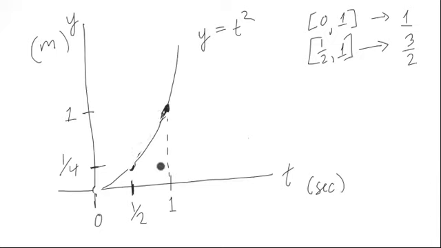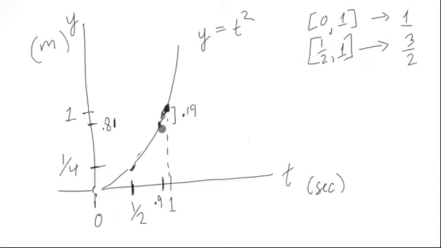Maybe this time, let's go all the way to 0.9 and see what that is. Let's do 0.9. So at 0.9, this would be 0.81. So the rise from here to here would be 0.19.